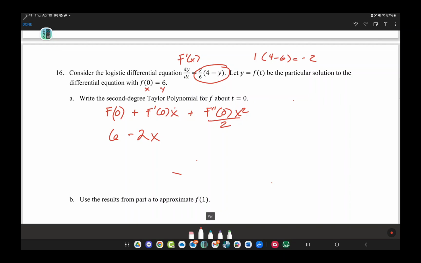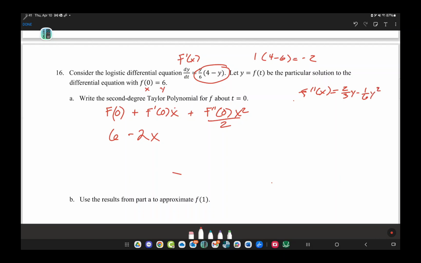Now, how do you find f double prime of x? Take the derivative of this. It might be easier to actually distribute that through. Write this as 4y over 6, or you can write it as 2/3 y minus 1/6 y squared, and then take the derivative of this.